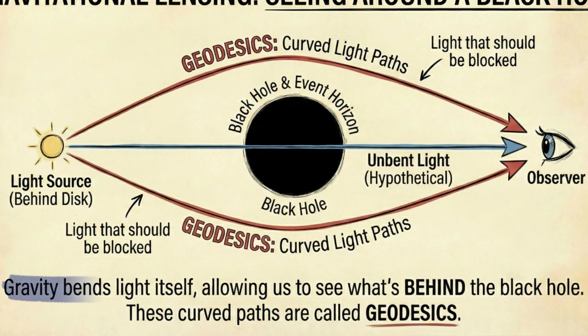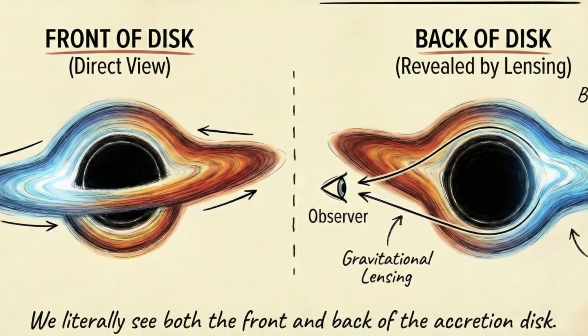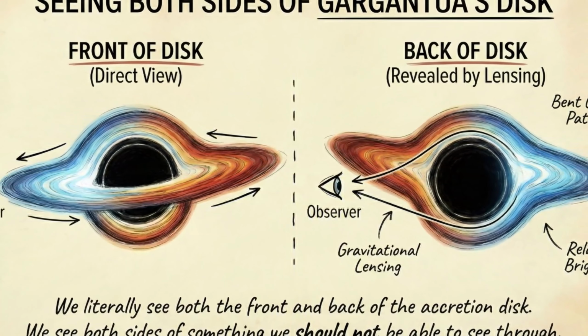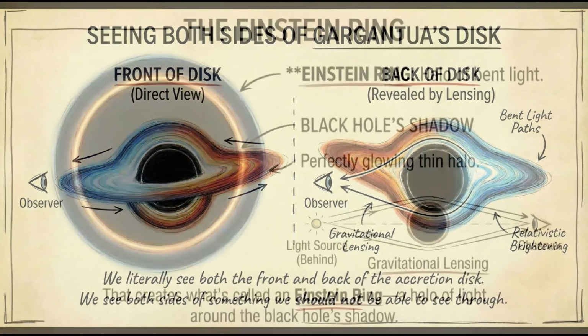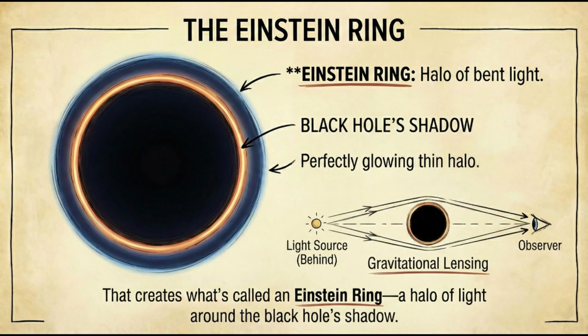We literally see both sides of the accretion disk. We see both sides of something we should not be able to see through. That creates what's called an Einstein ring, a halo of light around the black hole's shadow. It's one of the most visually stunning and physically accurate aspects of the film.